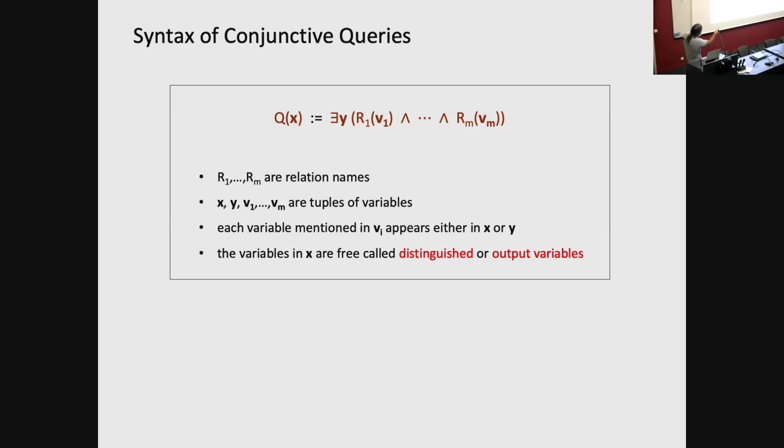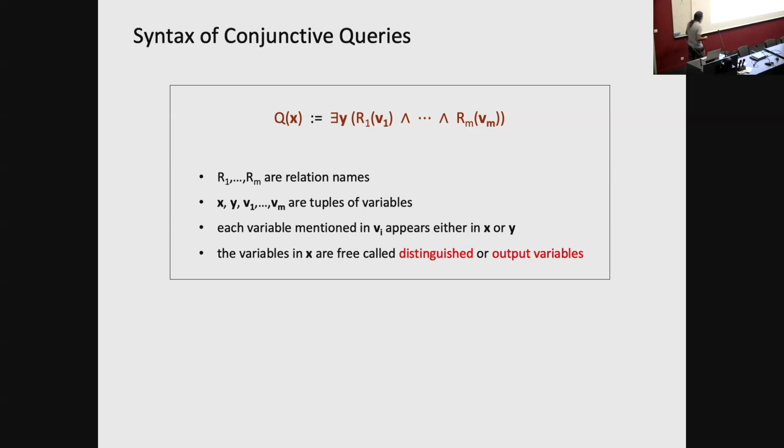In addition, all the variables in these Vi either are existentially quantified, which means they appear in Y, or they are variables in X. These variables in X are what we call the free variables because they are not quantified. Sometimes these are called distinguished or output variables. As we shall see in a while, these are the variables that determine the answer to our query. So this is how a conjunctive query looks.